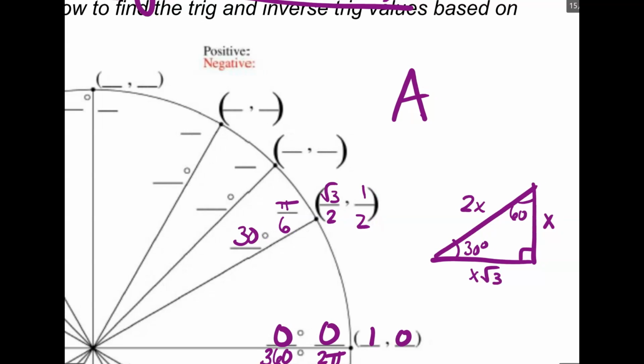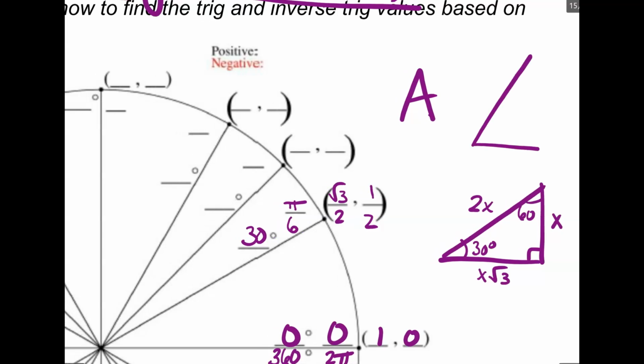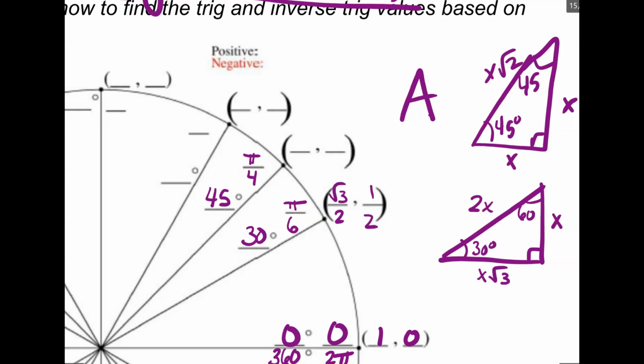Okay, so let's review our other special triangle, which is 45, 45, 90. So I have leg, leg, root 2. 45 degrees, what is this in radians? Pi over 4. Guess what? Cosine 45, adjacent over hypotenuse, x over x root 2.